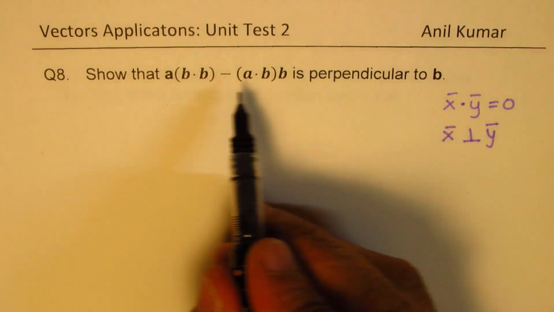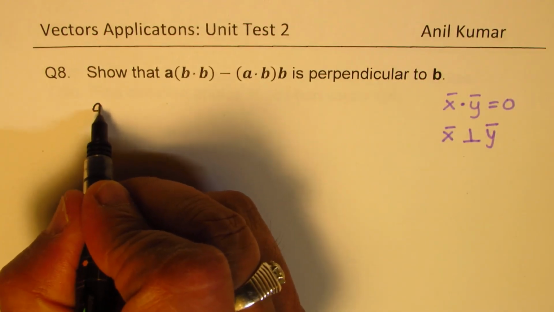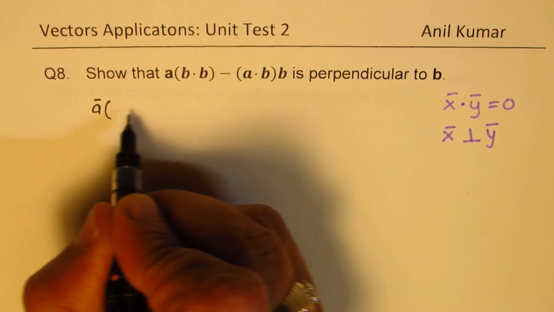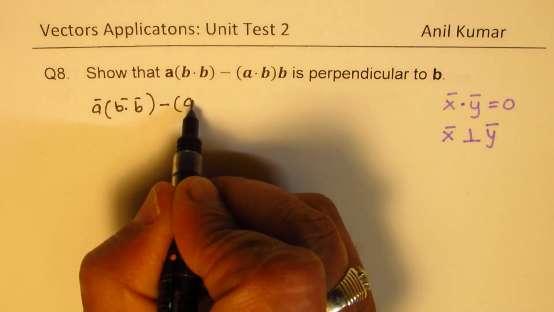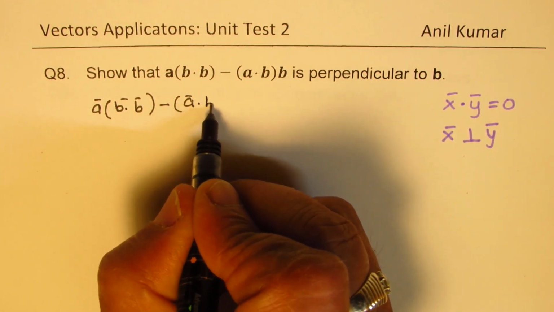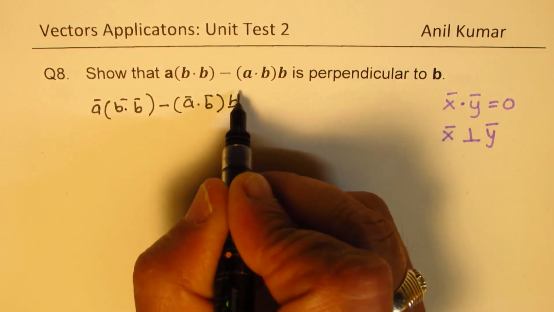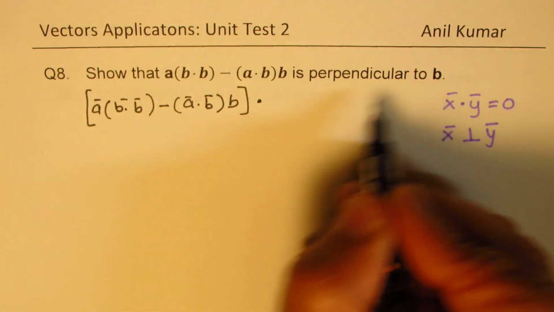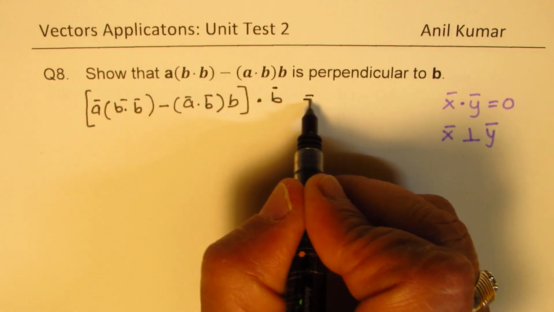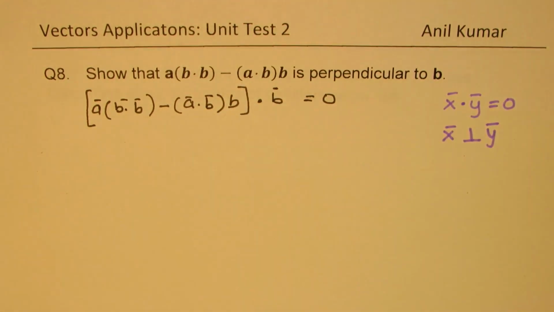So basically, we need to show that the vector (A dot B) B minus (B dot B) A, all this dot B is equal to 0. That is what we need to prove, right?